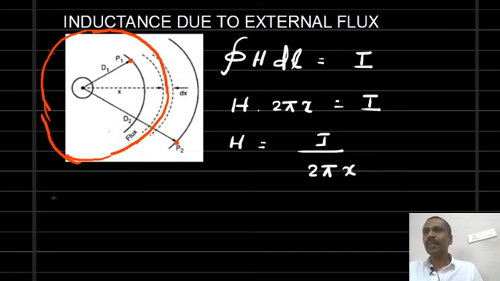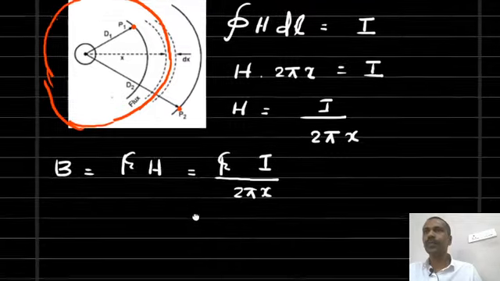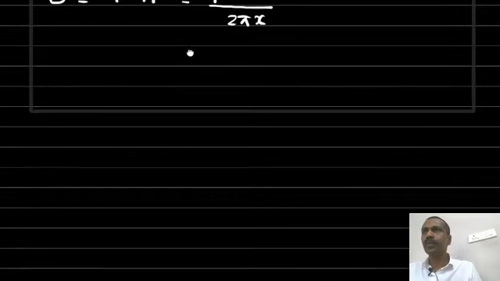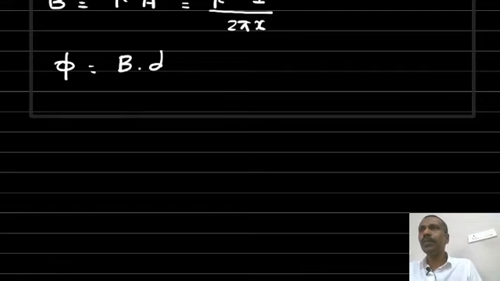The next step is the calculation of flux density. B is equal to mu into H, which is equal to mu into I divided by 2 pi x. The next step is the calculation of flux lines. Phi is equal to B into the area we consider.